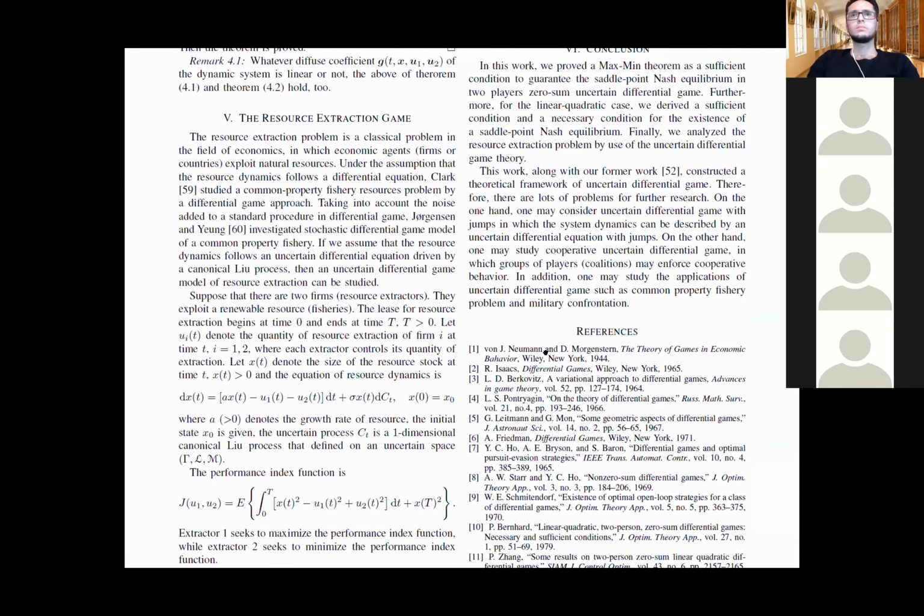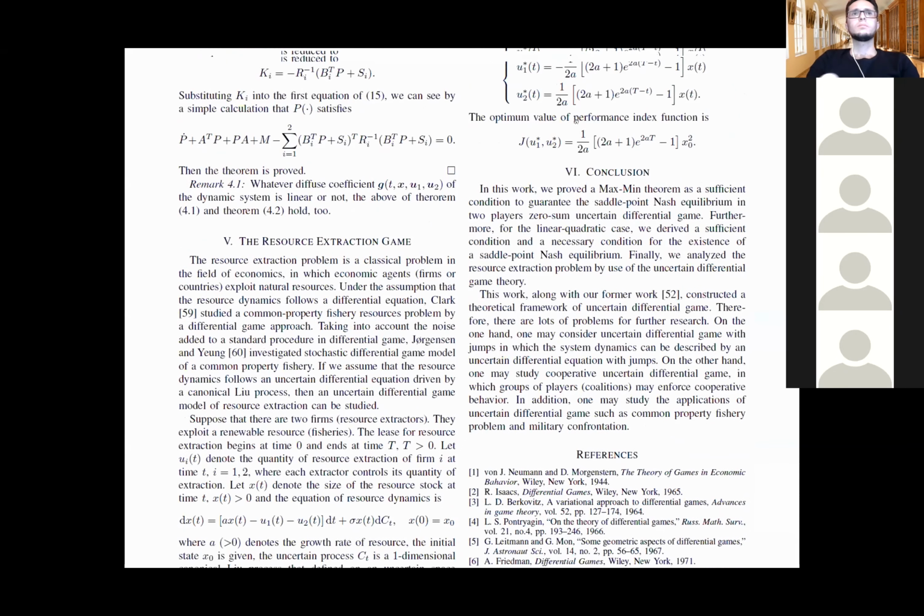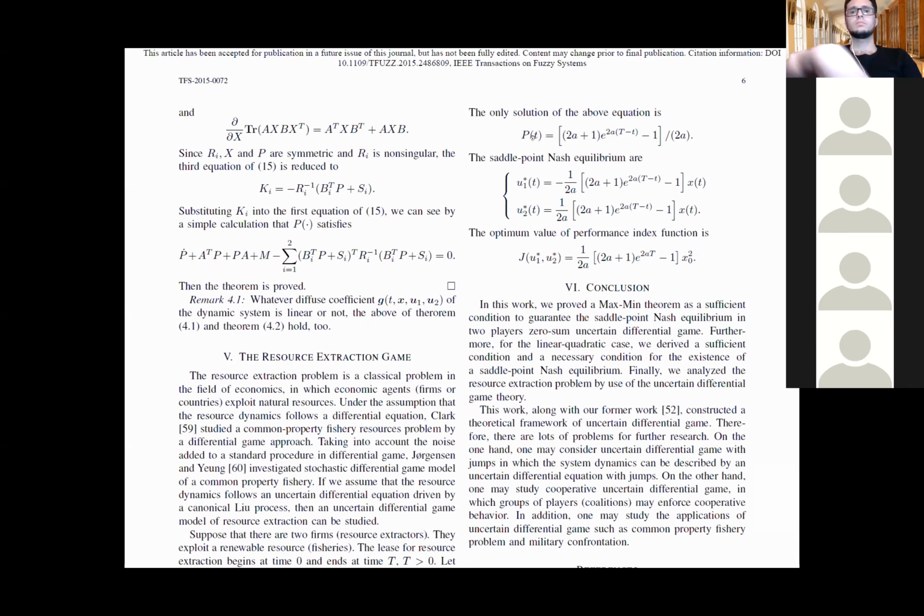So they get the solution. The other solution of the above equation is this. The saddle point Nash equilibrium is this. They get the optimum value of the performance index function, which is this.